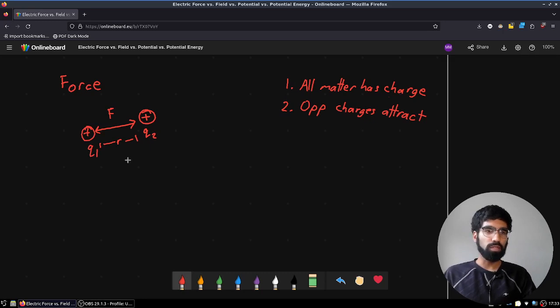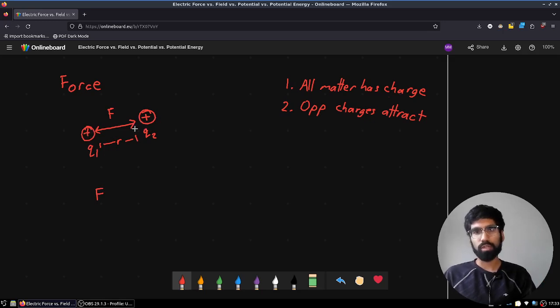What physicists did a long time ago, they took charged objects. It could be two protons as I've drawn here, but it could also be any large scale charged object. They started measuring the forces that they would observe on one object versus the other.